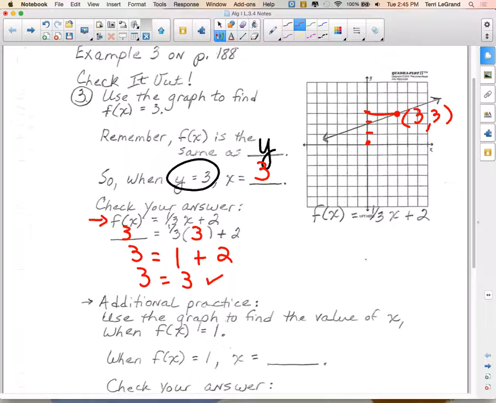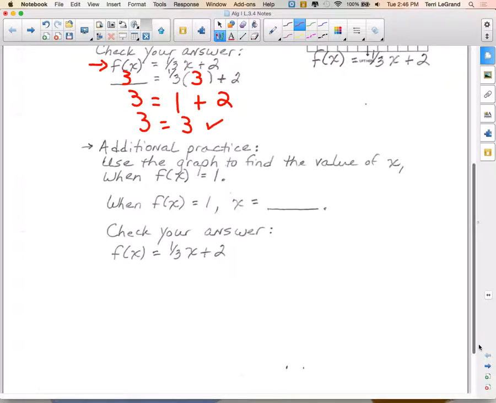Okay, now you try one. I did an additional practice, not one that they had in the book. I did another one. So additional practice. Use the graph to find the value of x when f of x equals 1. Use the graph. And then it says check your answer.